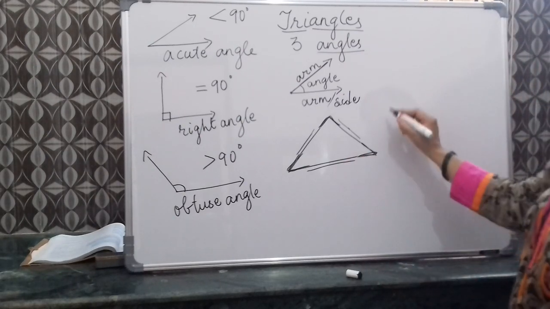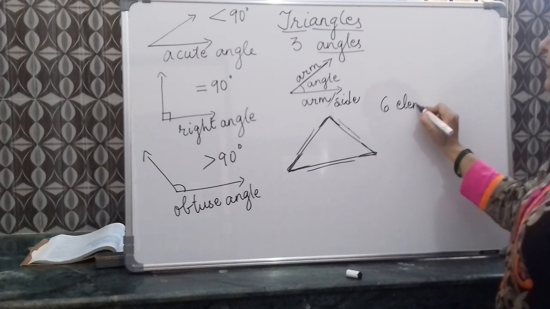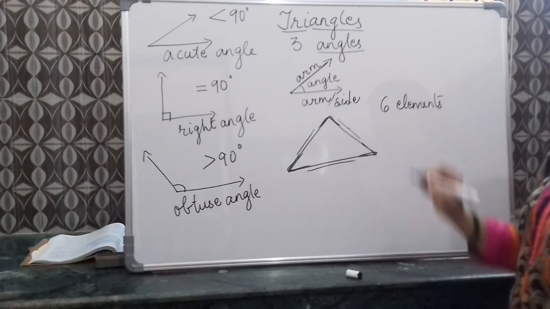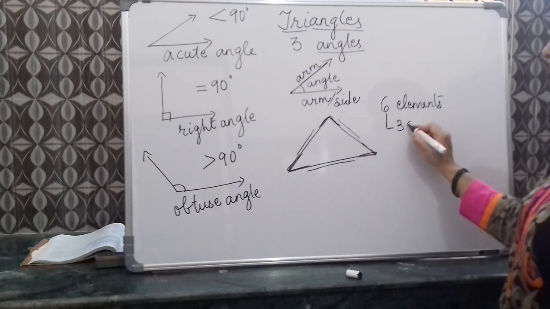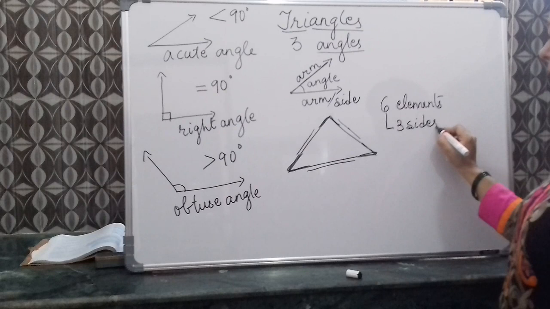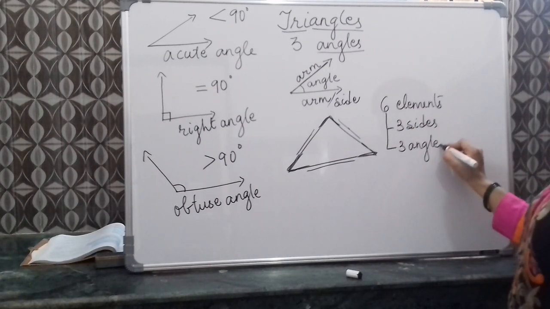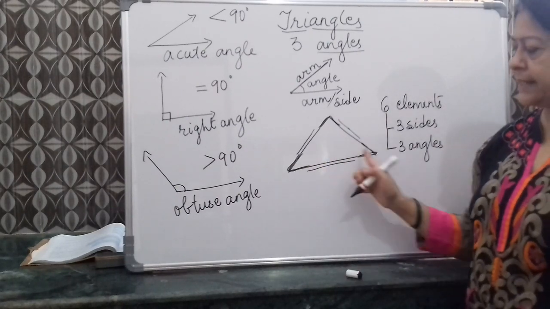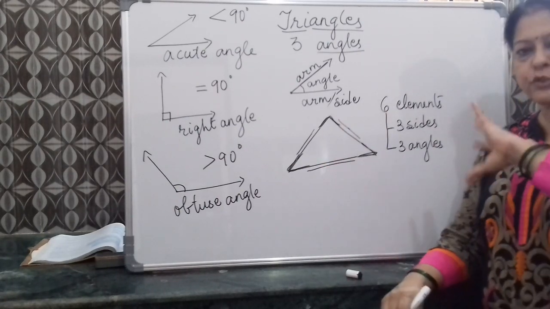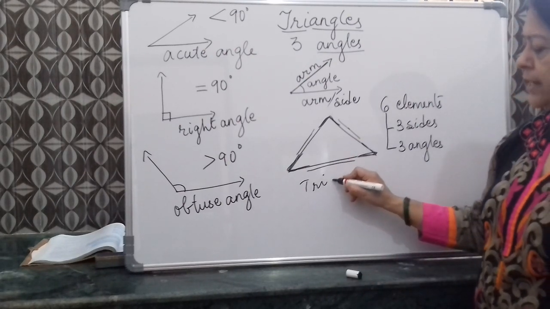Which means that a triangle has 6 elements inside it. And these 6 elements consist of 3 sides and 3 angles. Okay? So in a triangle there are 3 sides and 3 angles, and together they make up a closed figure known as a triangle.